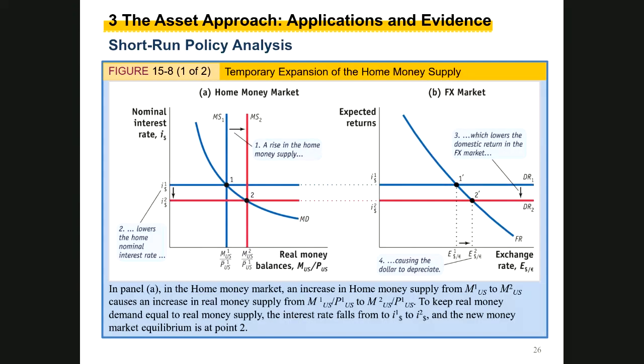Okay, so first of all, if I have a raise in the whole money supply, this will lower the whole nominal interest rate, right? So the equilibrium will move from 1 to 2, right? So the shock here is temporary monetary policy, expansionary policy.